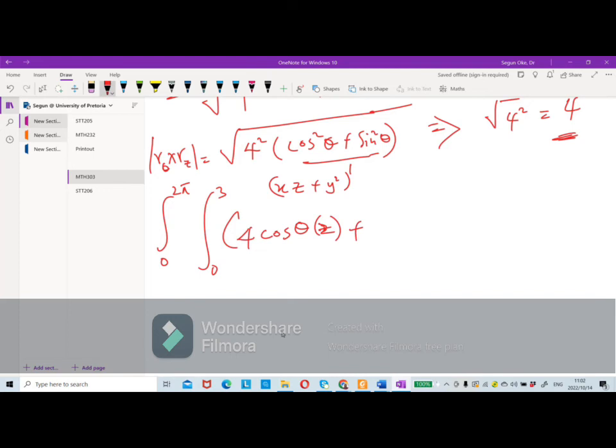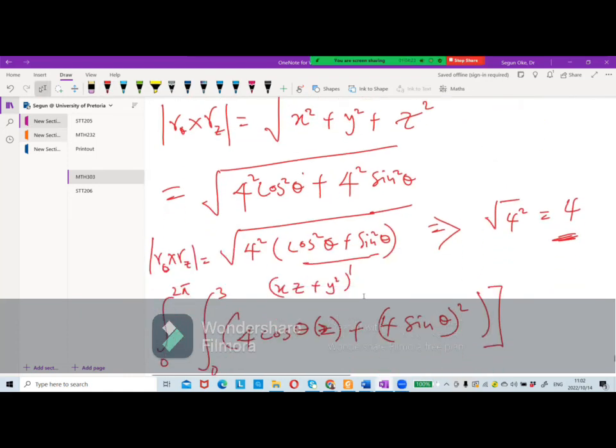Plus what is y? 4 sine theta, all squared. Then multiply by the absolute value of the Jacobian, which is 4, and dz d theta.